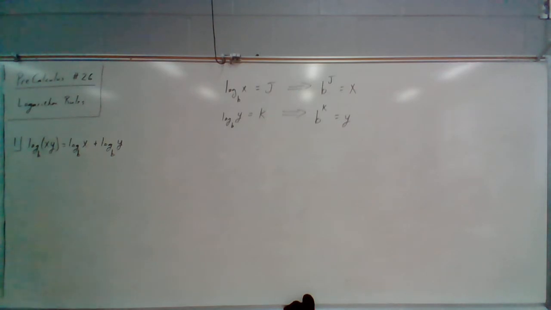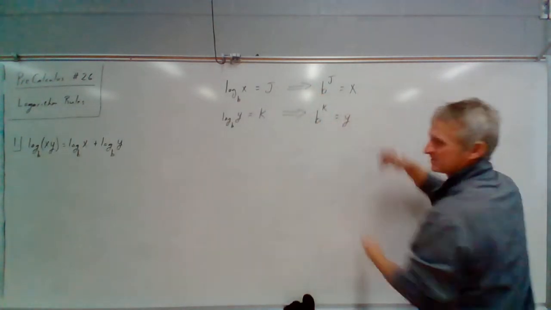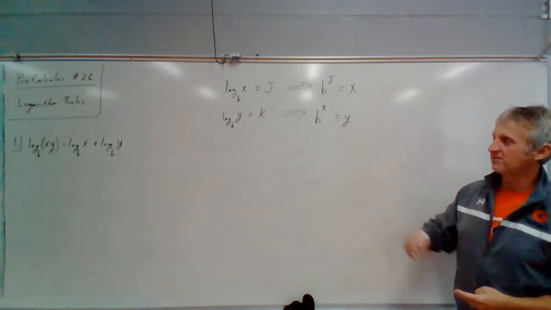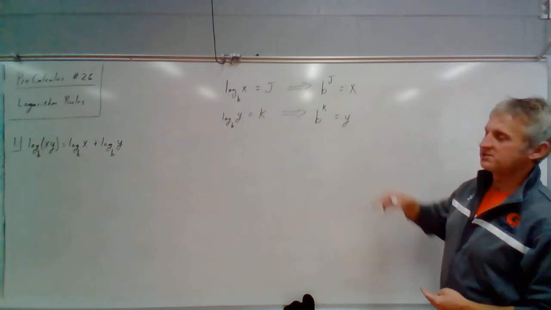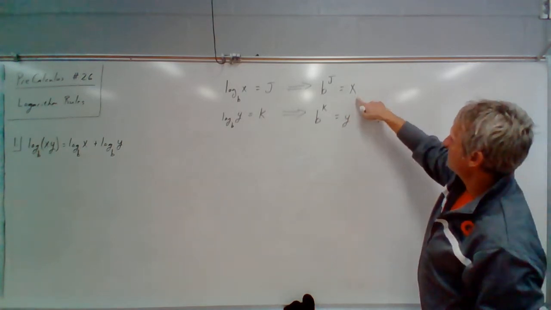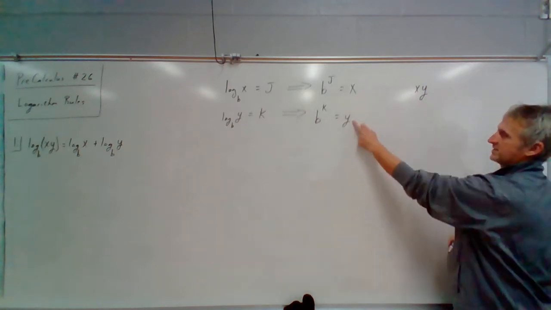Now notice that in this rule I have an x times a y. How can I combine these in some way so that I get something that's over there? I know that I need an x times y at some point, so let's do x times y.